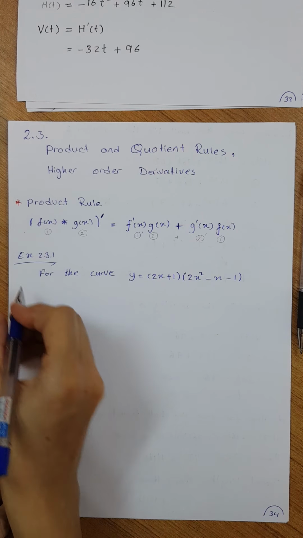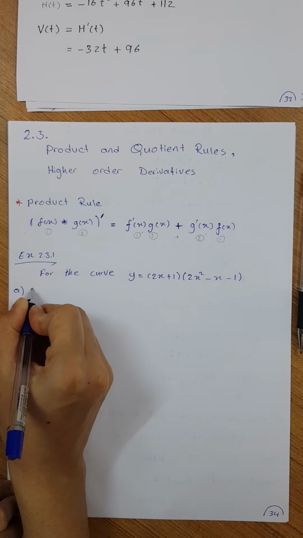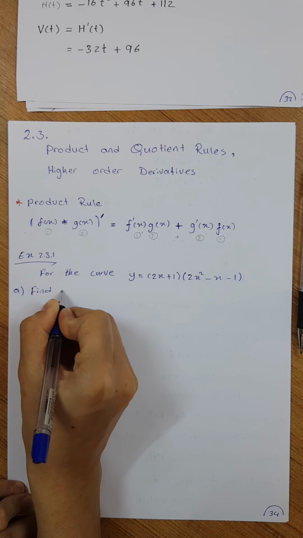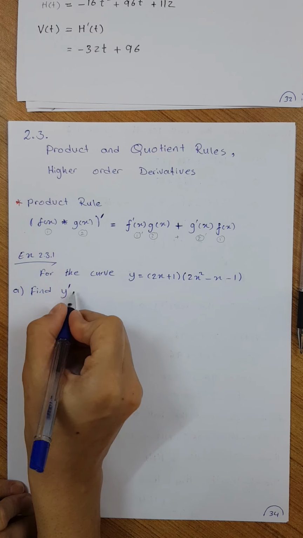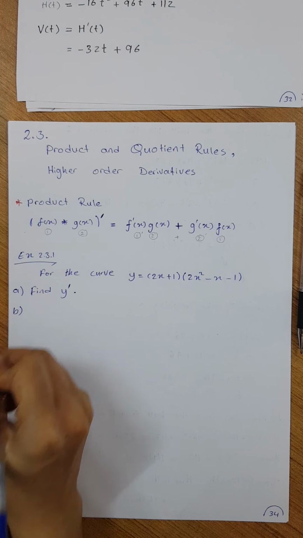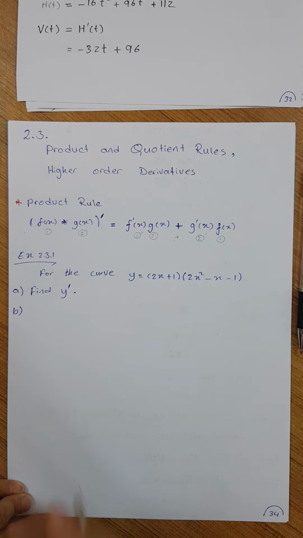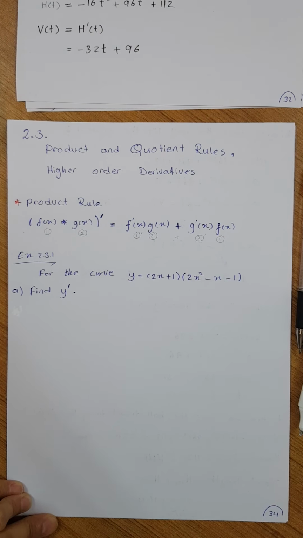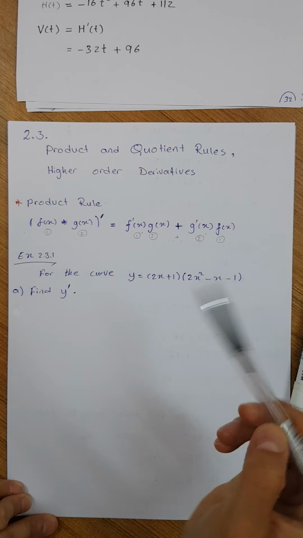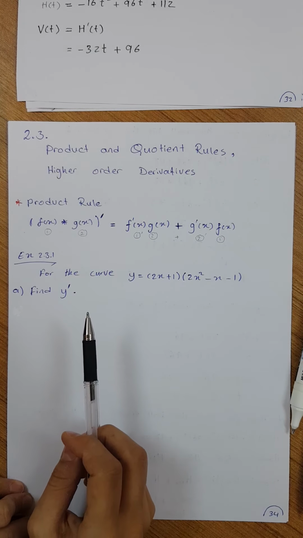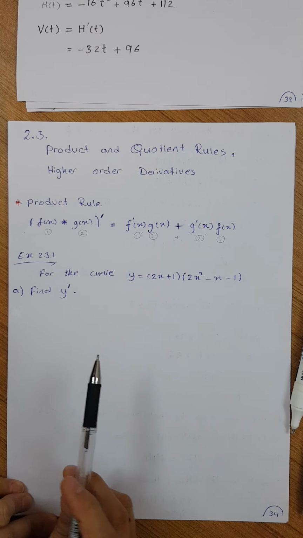The requirement says find y prime. Okay, so the first requirement is to find y prime. Let's see how we can find the derivative of that function. Of course, three requirements are given in that example, but we will do it step by step, one by one.